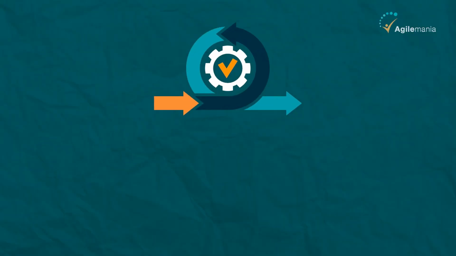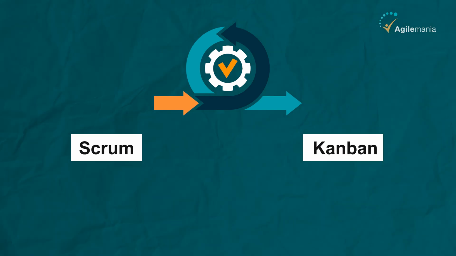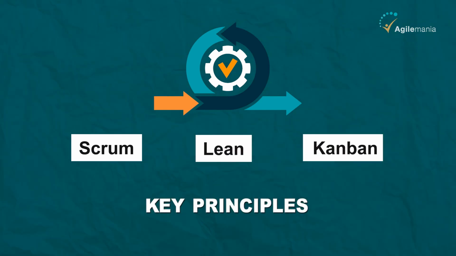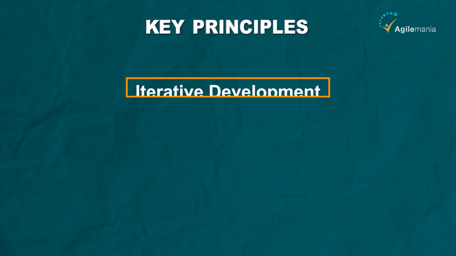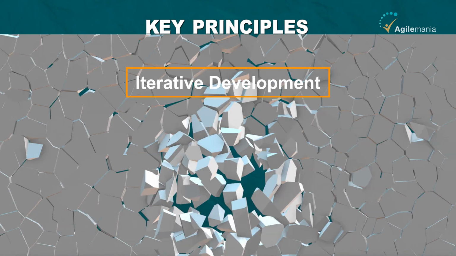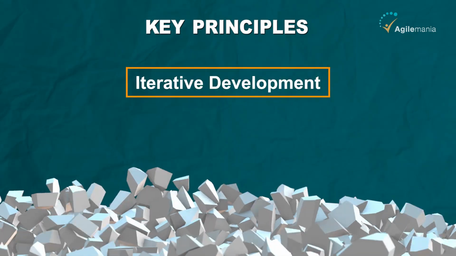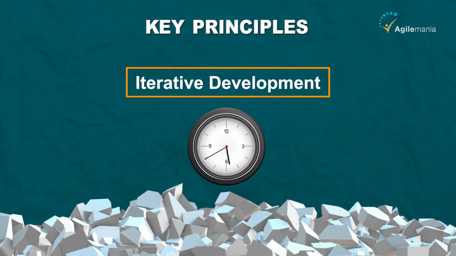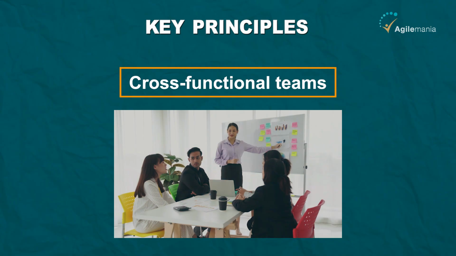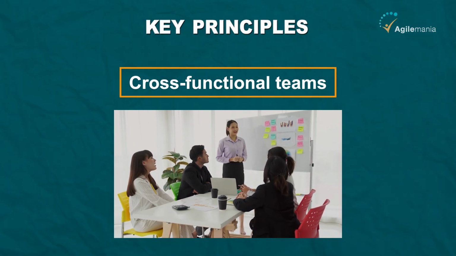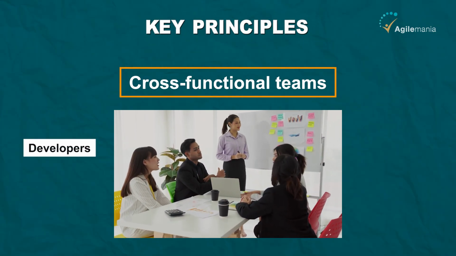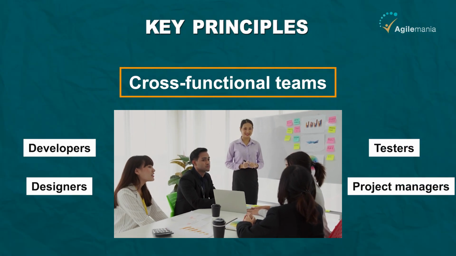There are several Agile frameworks, including Scrum, Kanban, and Lean, but they all share some key principles. These include iterative development. Agile projects are broken down into small, manageable pieces that can be completed in short timeframes, typically 1 to 4 weeks. Cross-functional teams. Agile teams are typically made up of people with diverse skill sets, including developers, designers, testers, and project managers.